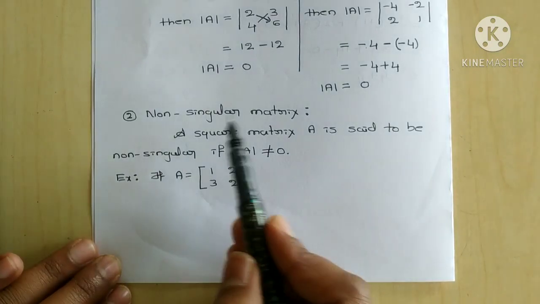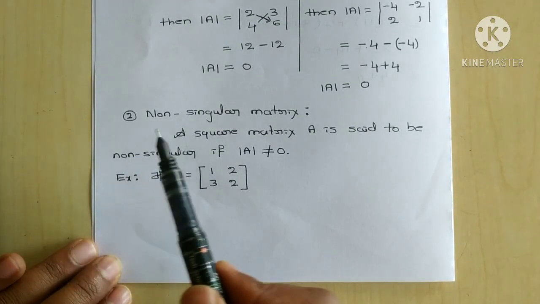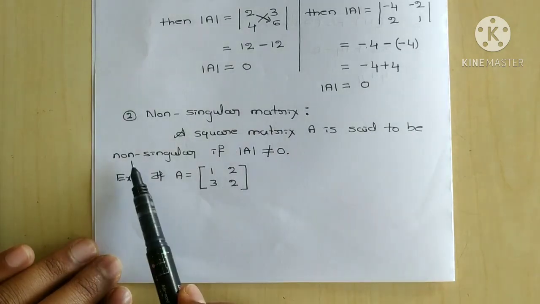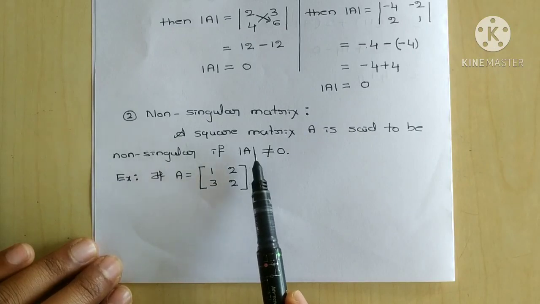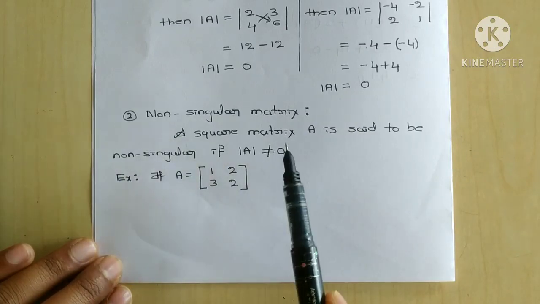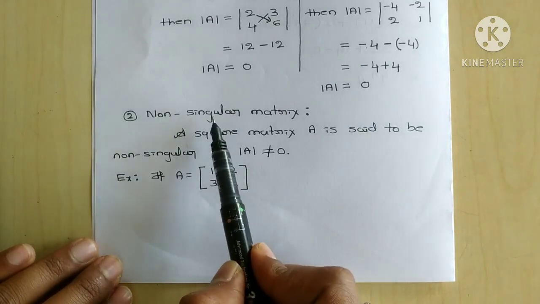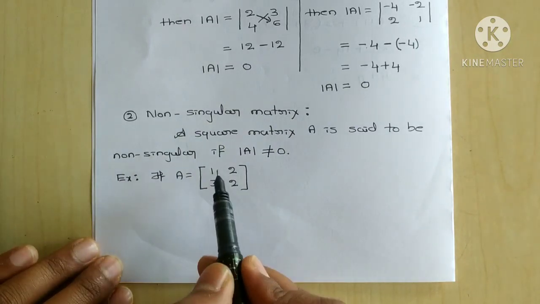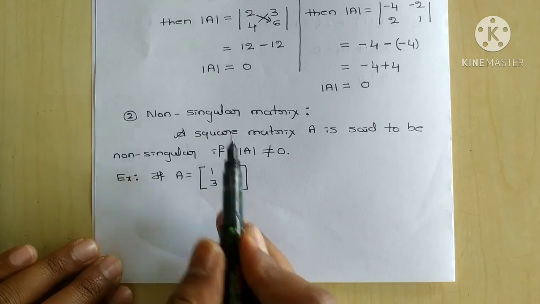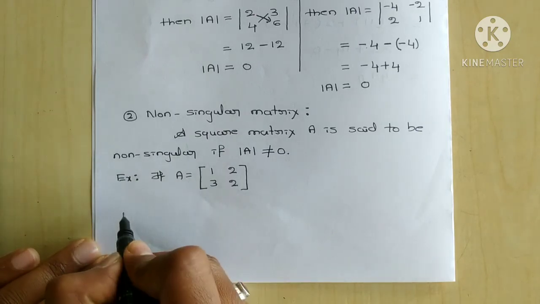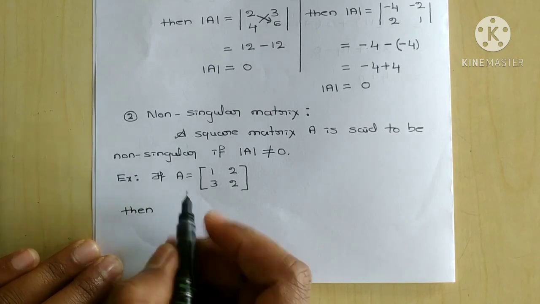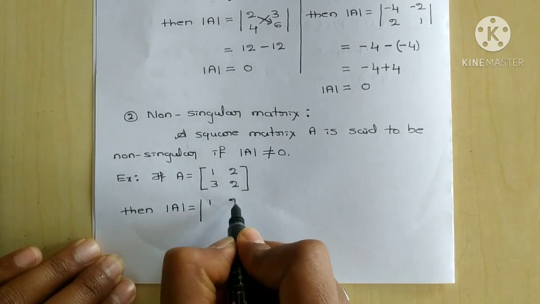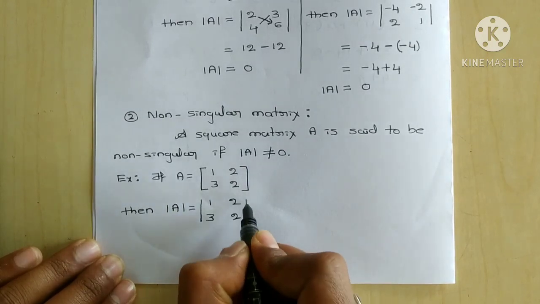Next, non-singular matrix. The definition of a non-singular matrix: a square matrix A is said to be non-singular if the determinant of A is not 0. Then such a matrix is called a non-singular matrix. For example, if I take A equal to 1, 2, 3, 2, this is a square matrix. If I take the determinant of this matrix, then the determinant of A is the determinant of 1, 2, 3, 2.